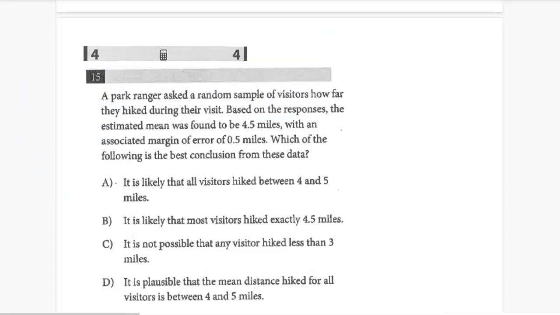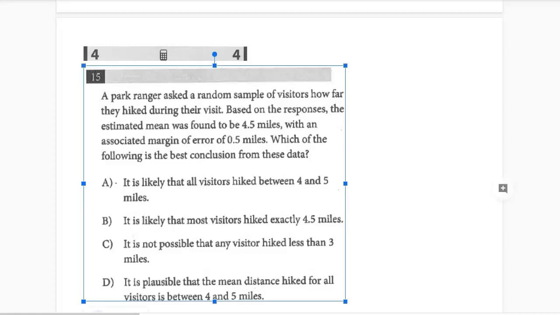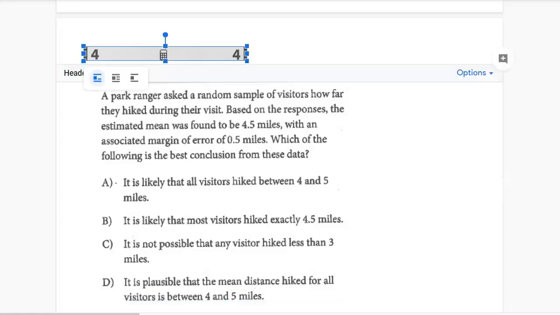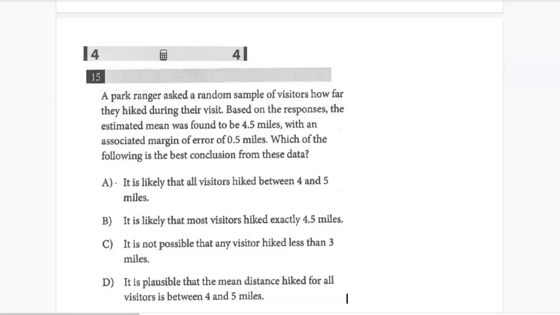All right, number 15, the park ranger asked a random sample of visitors. So it looks like we have a stats problem here. How far they hiked during their visit. Based on the responses, the estimated mean, otherwise known as the average, was 4.5 with a margin of error of 0.5.